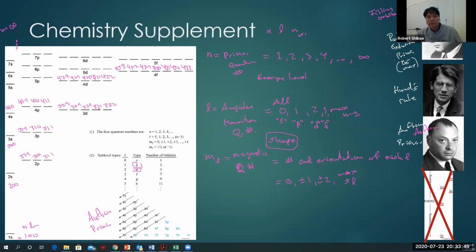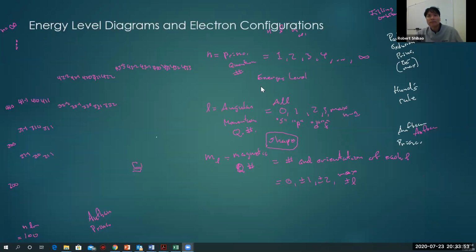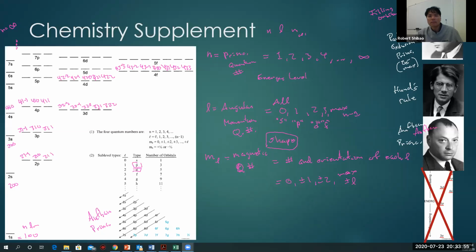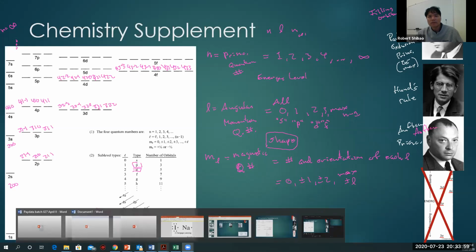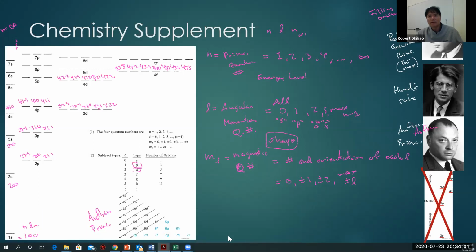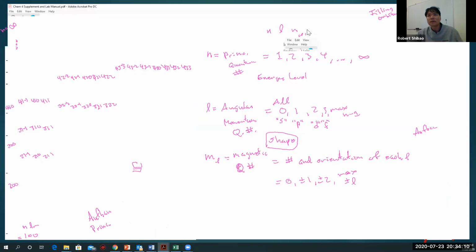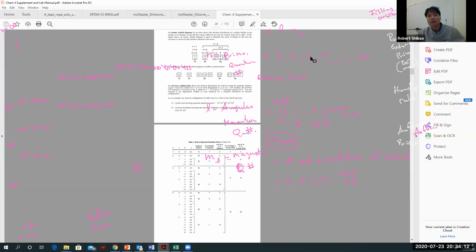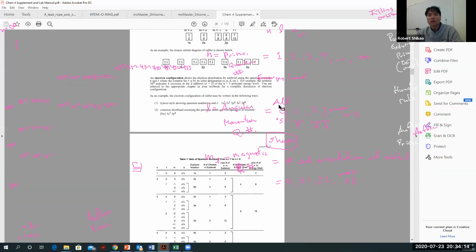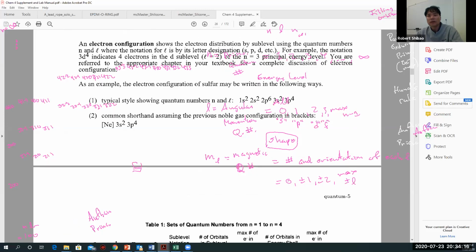Now, the chemistry supplement has more detail than our book. We have to look at the chemistry supplement to see it in this much detail. This is not the level of detail in Chem 1A, but it makes a better transition to Chem 1A, because the level of detail in Chem 1A is much more.